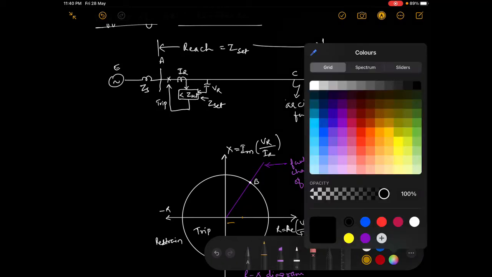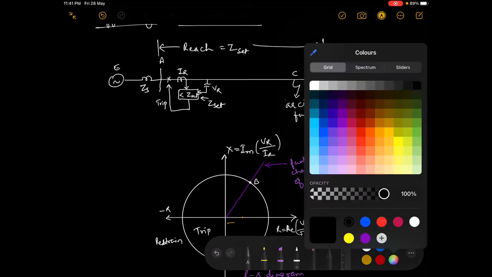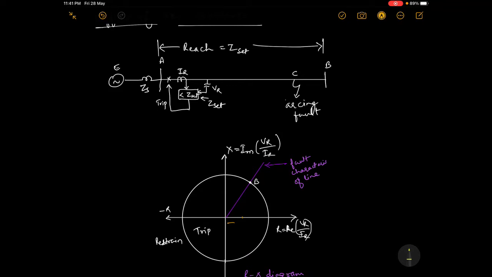Let me take a brighter color. So this is arc resistance, and I'll call it R arc.